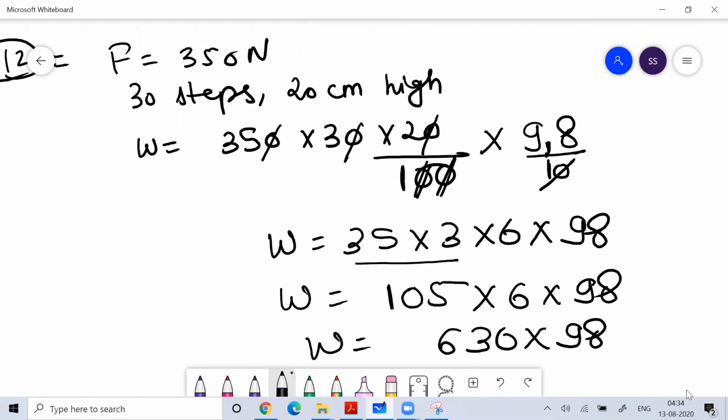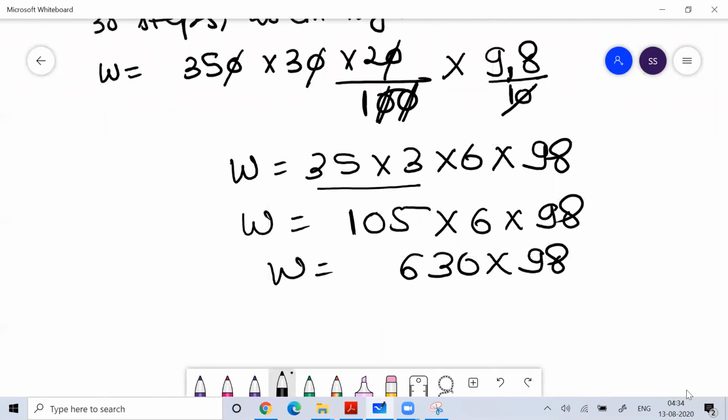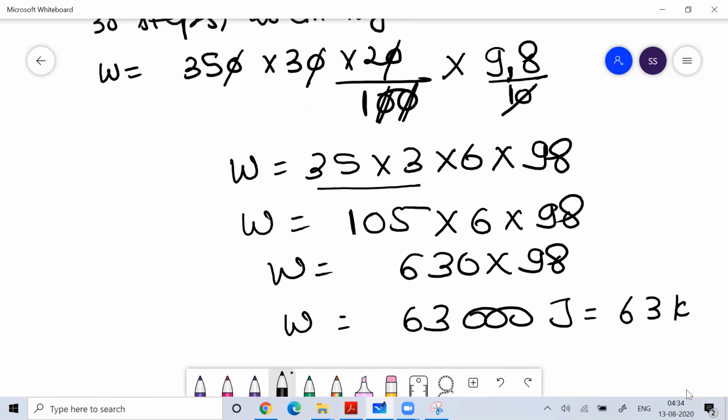If I take 100, then this should be 63,000 joule, or around 63 kilojoule. So approximately that would be your answer.